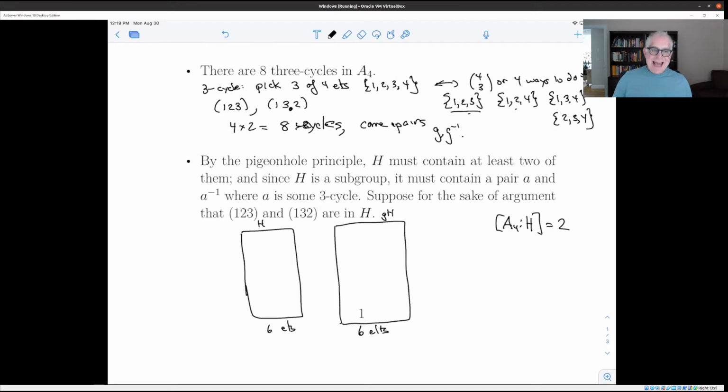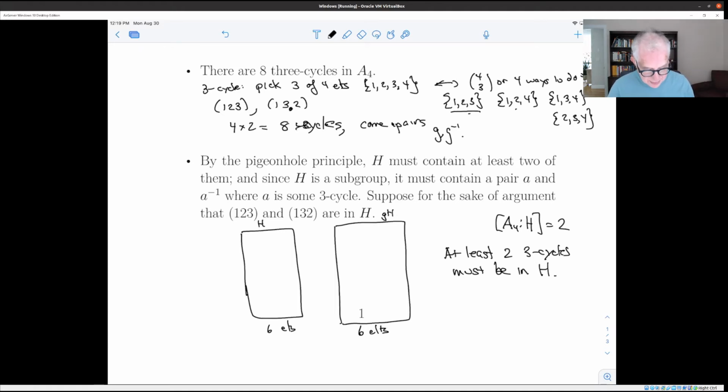And now we have 8 3-cycles. So it's clear that however we arrange the 3-cycles, at least 2 3-cycles must be in H. Because even if we stick 6 3-cycles into the other coset, we're still left with 2 that have to go into H.